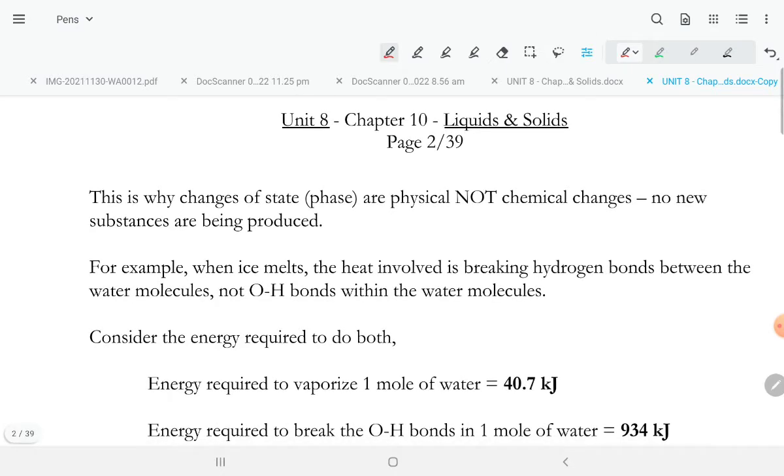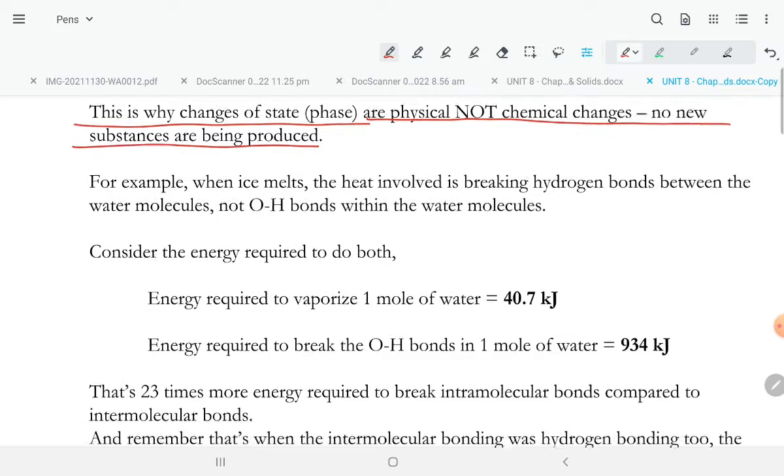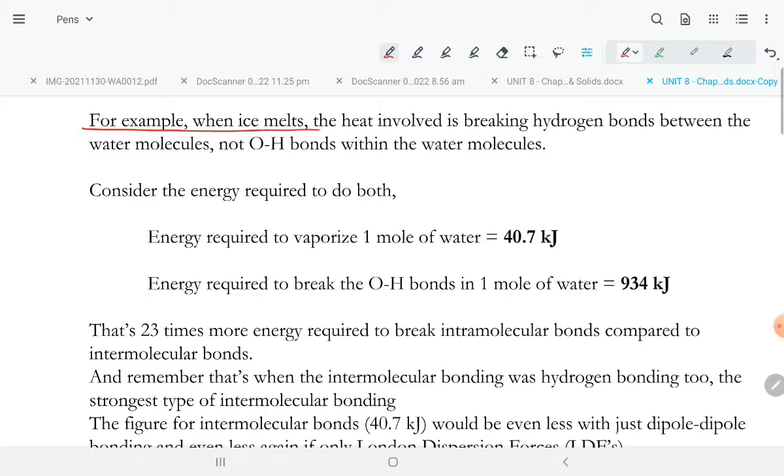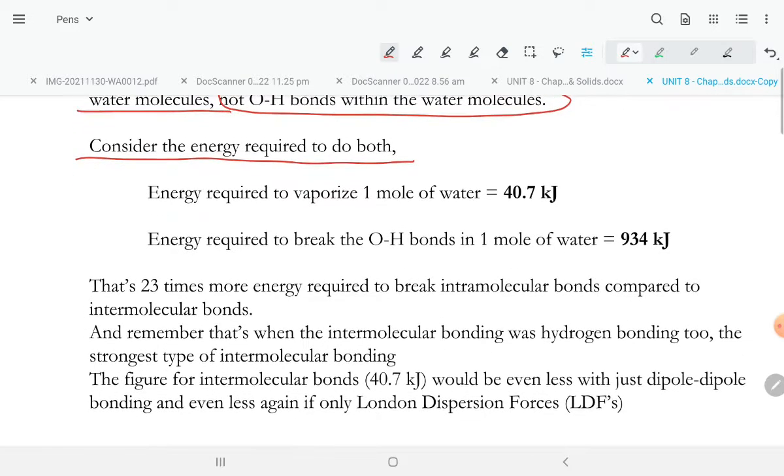This is why change of state, that is phase, is a physical, not a chemical process. No new substance is being produced. For example, when ice melts, the heat involved is breaking hydrogen bonds between the water molecules, not the OH bonds within the water molecule.